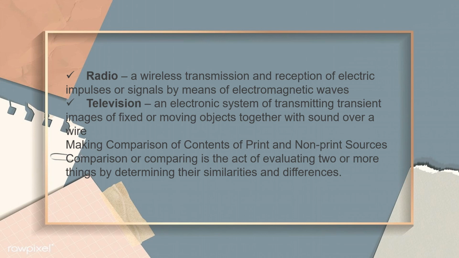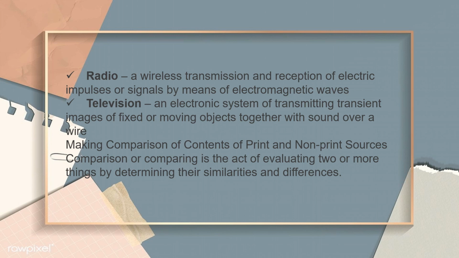Radio, a wireless transmission and reception of electronic impulses or signals by means of electromagnetic waves. And then television, an electronic system of transmitting transient images of fixed or moving objects together with sounds over a wire.